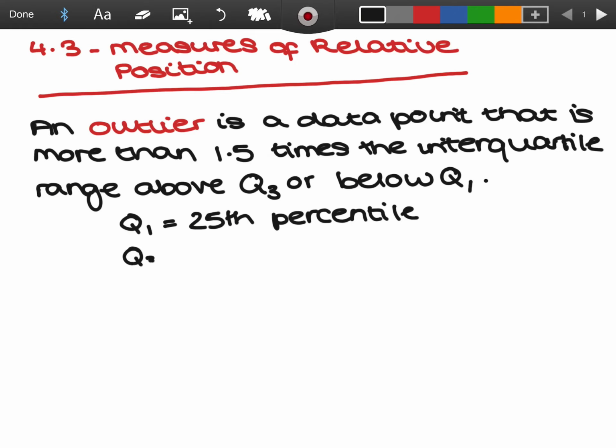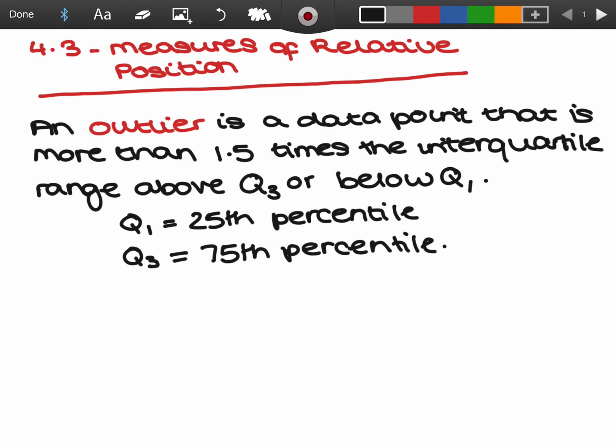Okay. Similarly, Q3 was our 75th percentile. So whatever data point we calculated that to be, 75% of our data was less than or equal to that data point that we labelled Q3. The other 25% of our data was above that data point.